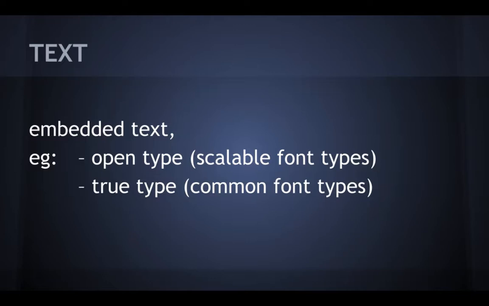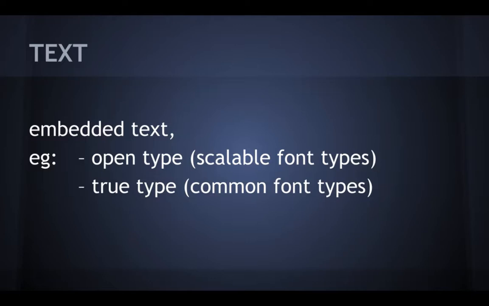So what happened was we started with this idea of a true type font, which is common font types, and Apple and Microsoft made an agreement on these font types that would be common. So Times New Roman you'll find in just about every possible application you can think of. But then they also looked at open types, which were more scalable font types, and it gave a bit more adaptability. That's pretty much the only information you needed to know there.